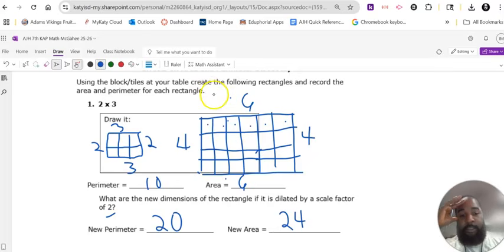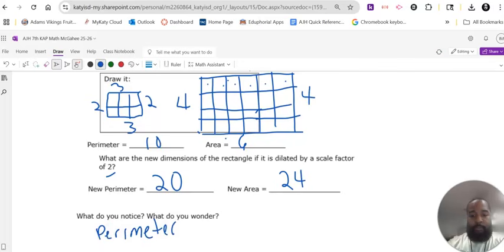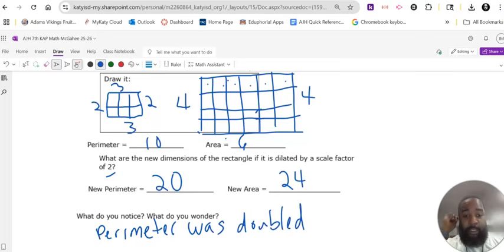So what happened from scaling up the perimeter to the new perimeter? We can see the perimeter was doubled, right? But what happened to the area? Did the area double?